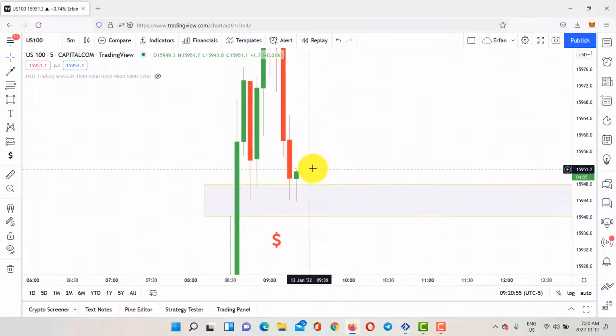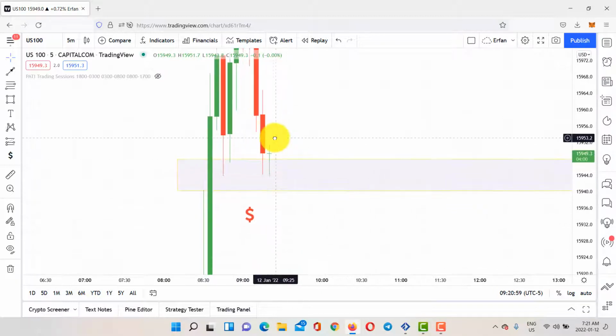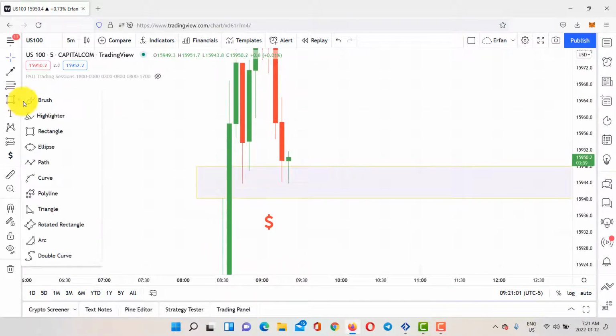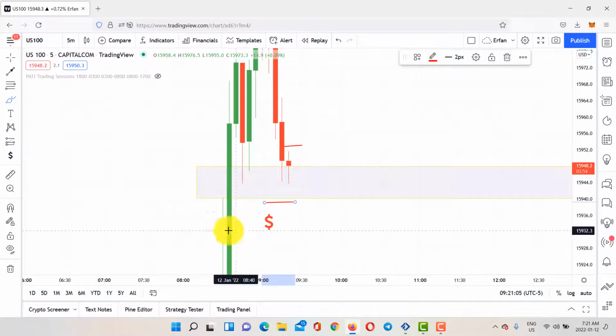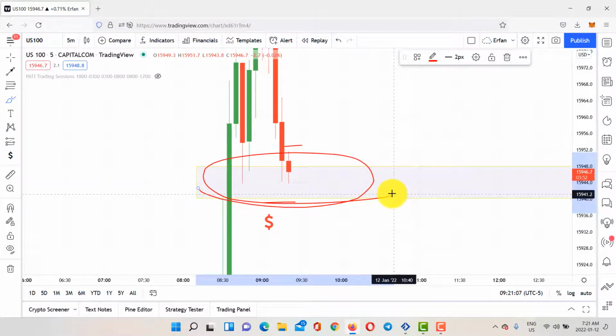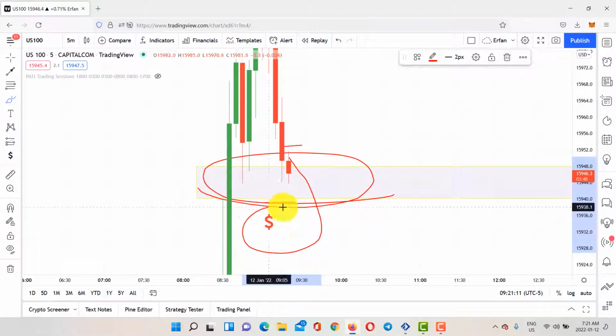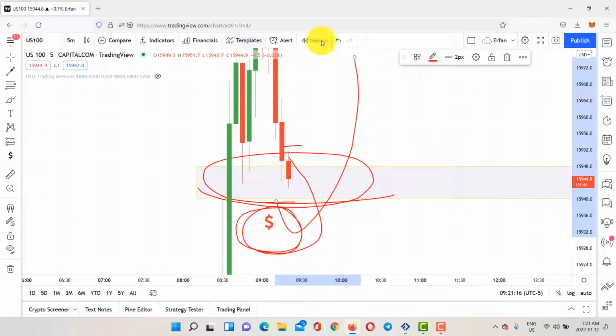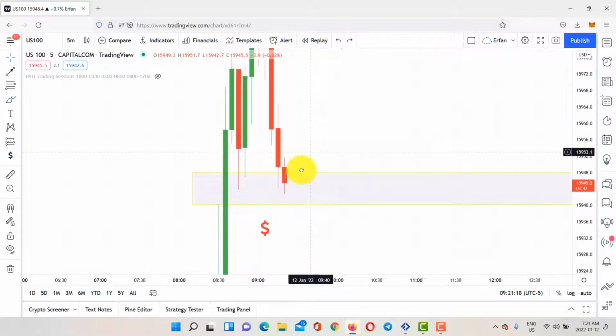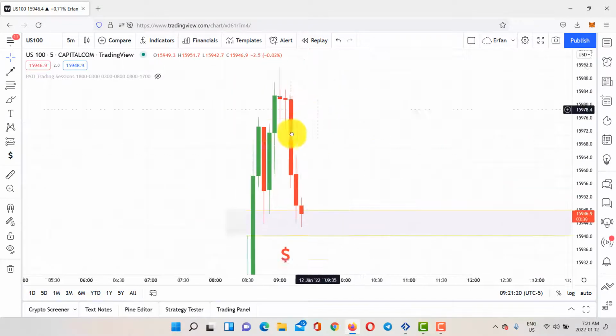Okay, so it's trying to form this doji candle here, I would say a hammer. But you shouldn't just take your buy position here and put your stop loss here, because as I said, it's support, it's not our supply. So the price might go all the way up to here to grab every single liquidity and then go up. We'll see what happens, but it's all about our momentum.